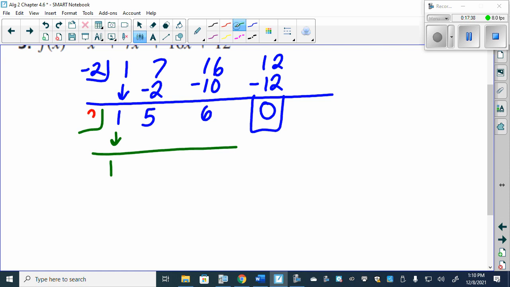Let's try -2 and see what we get. Well, -2 times 1 is -2. 5 plus -2 is just going to be 3. -2 times 3 is -6, and 6 plus -6 is 0. Since we got 0, that means it is a solution.